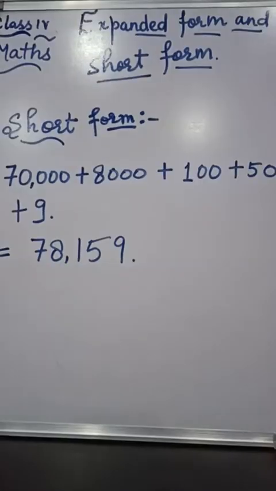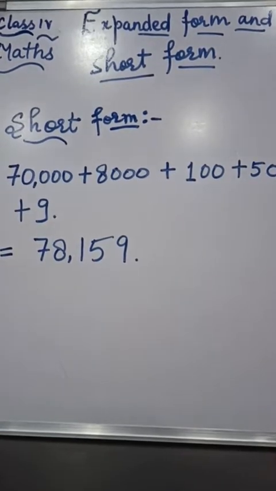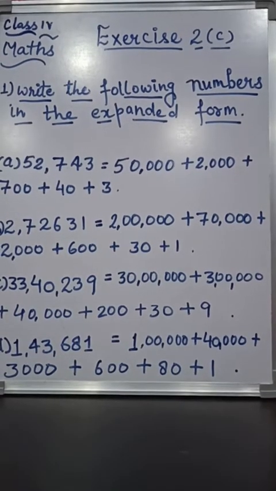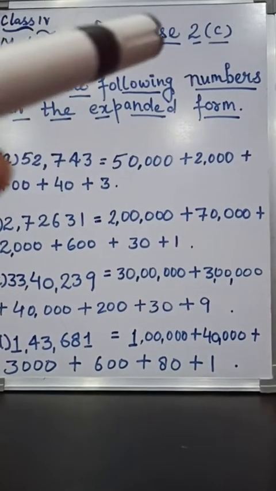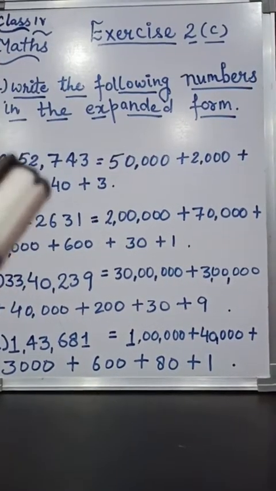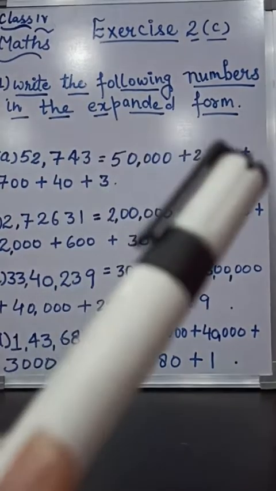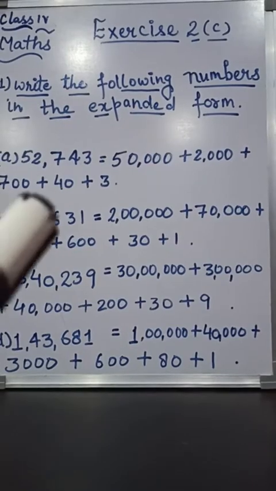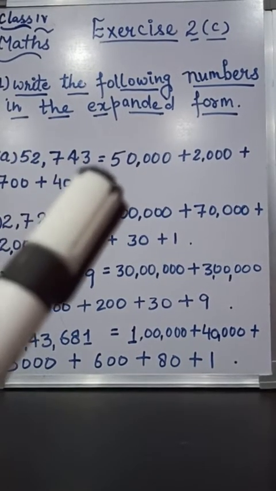Okay, now let's start the exercise 2C. Now students, let's see question 1 of exercise 2C. Write the following numbers in the expanded form. So first question is 52,743.